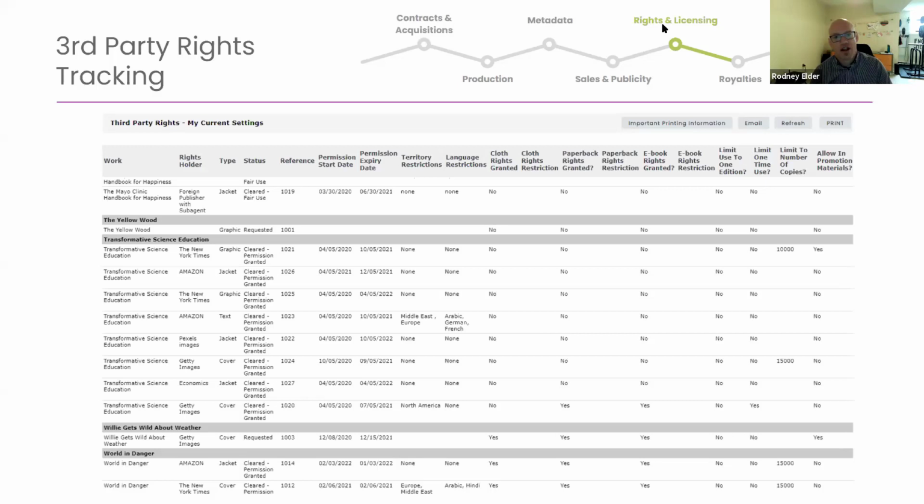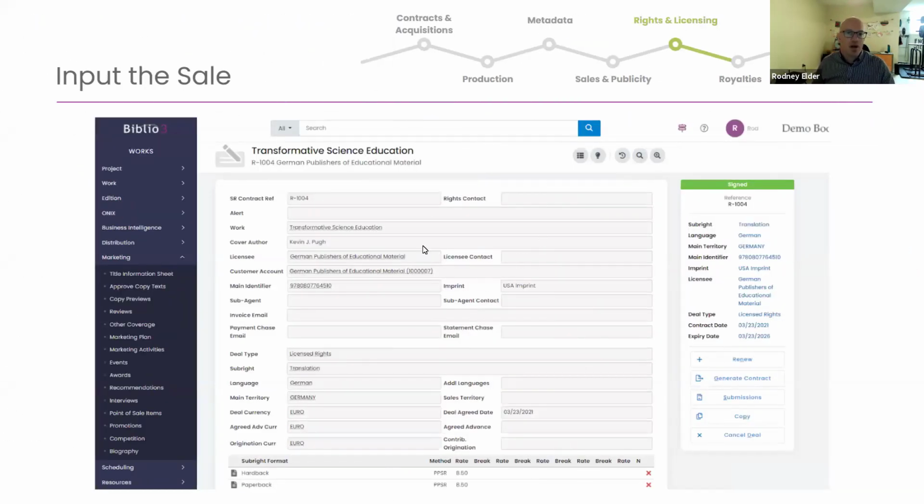So here we're looking at a department that's down the line, looking at what's available and what's restricting any potential sales. Now, the rights and licensing, you would enter in a deal. So this is where we're actually selling a particular subright. In this example, it's a German license, and we start to put in language, territories, the deal currency, all of that.